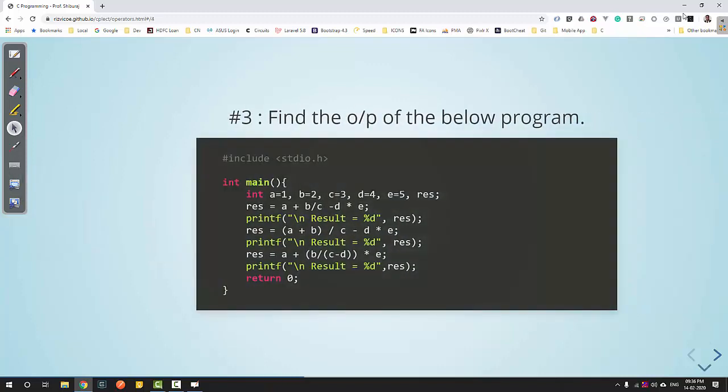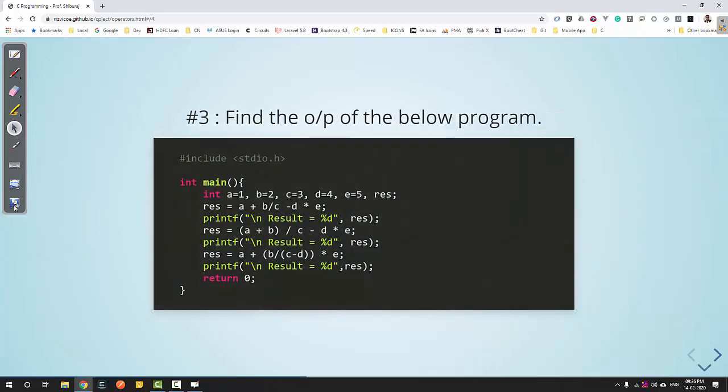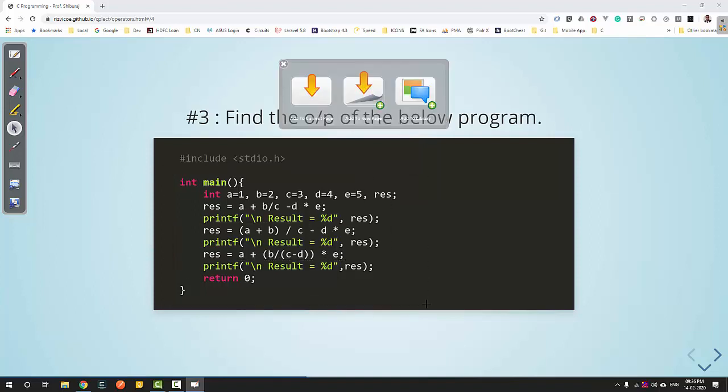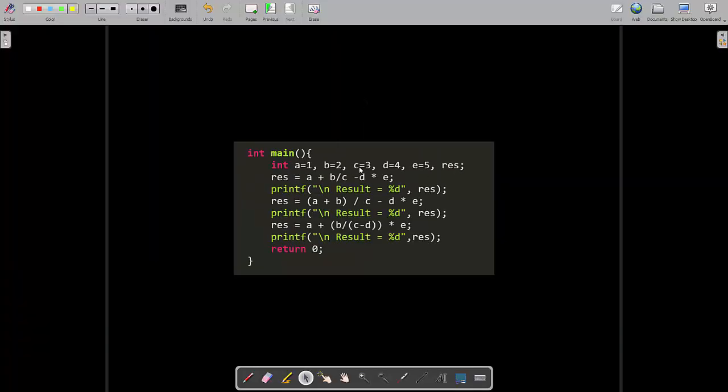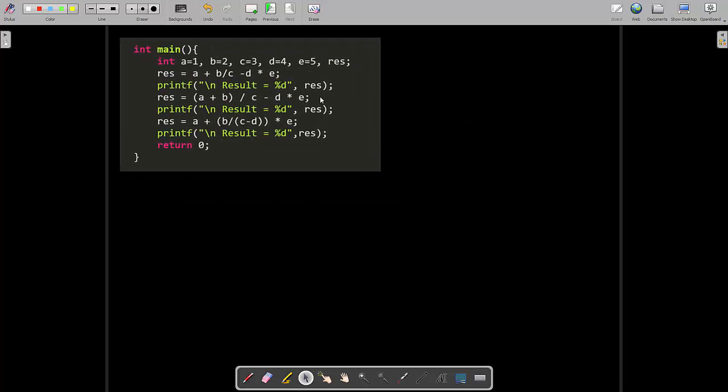Let's take another example. Again, I will take this inside my board. Here this is a slightly more complex problem. If we look over here, we have three different expressions.